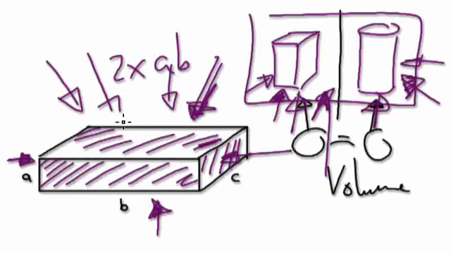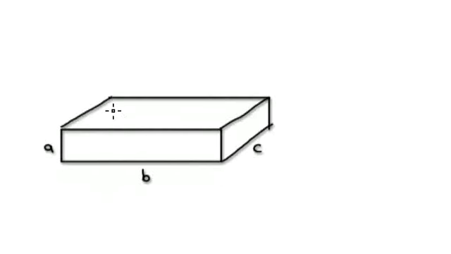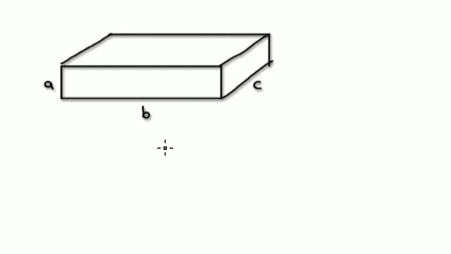We are trying to find a way of working out the surface area of something. So this block is our original block. Let's work out a formula for the surface area of this thing. Let's say S for surface area. We need to work out this area here.